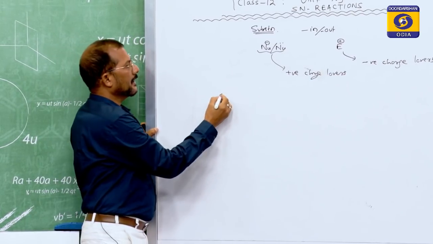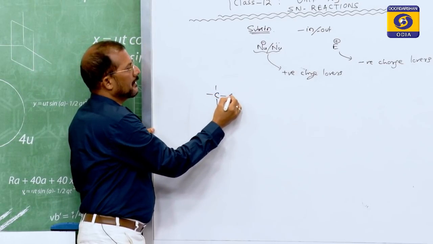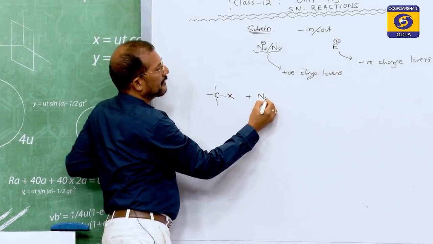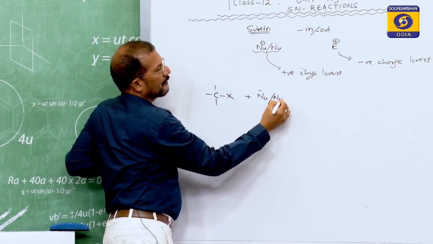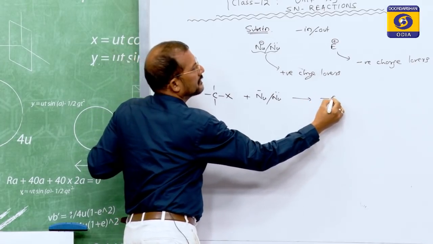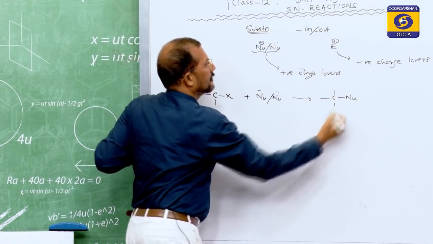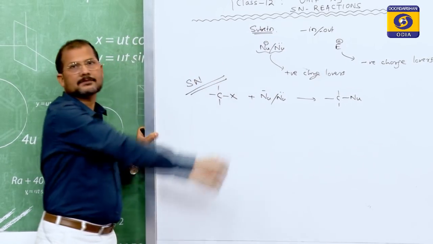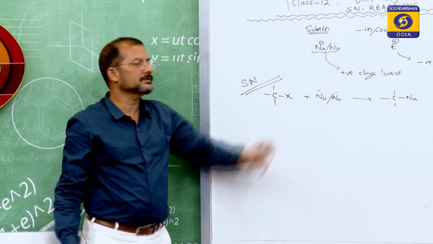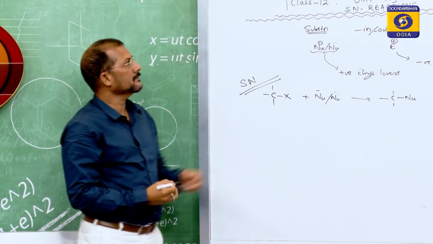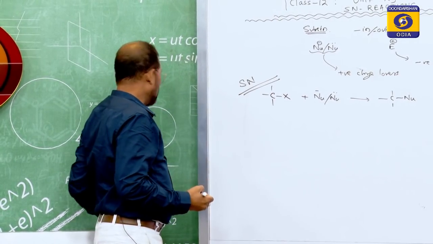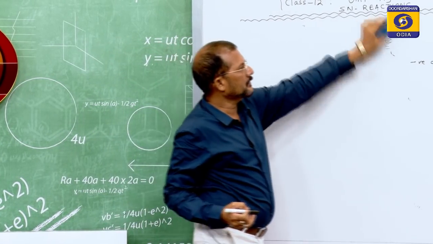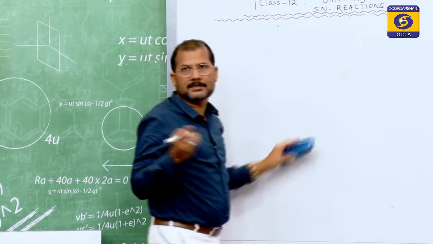What happens in an alkyl halide? Structurally, alkyl halide is this. Whenever it is reacting with any nucleophile, the product is like this. So, this is a nucleophilic substitution reaction, SN reaction. We are reading nucleophilic substitution reactions of alkyl halide. Let us discuss some nucleophilic substitution reactions of alkyl halide in an interesting way.